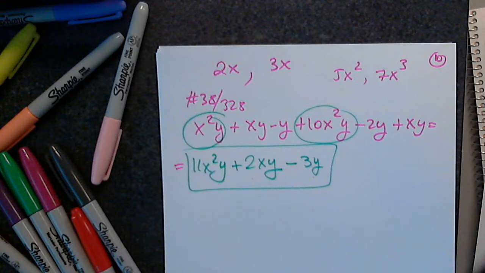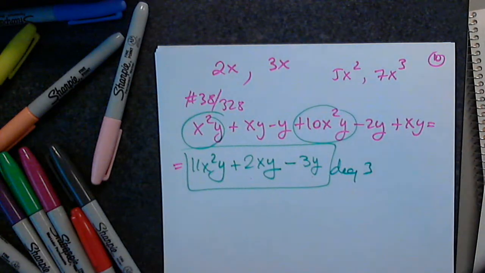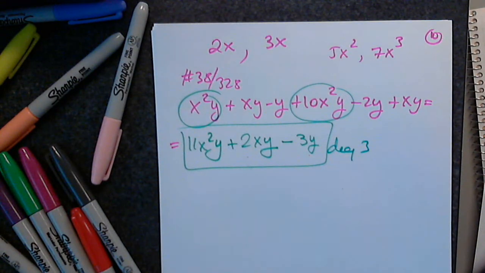We determine the degree by adding the powers. So this degree is 3, this degree is 2, and this degree is 1. I have to choose the highest. So among 3, 2, and 1, what degree is this? 3. Indeed, degree 3.